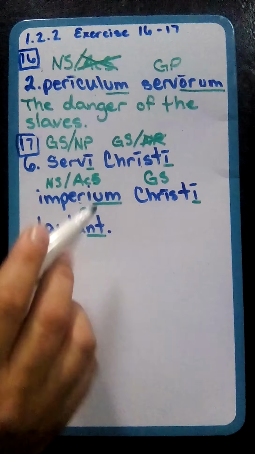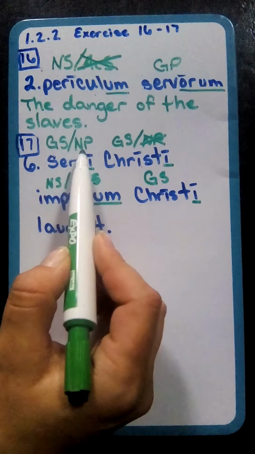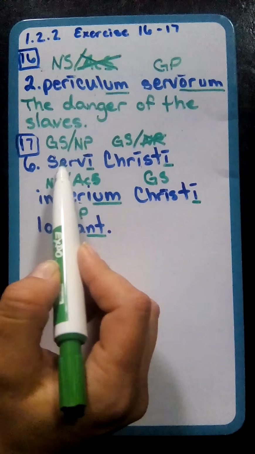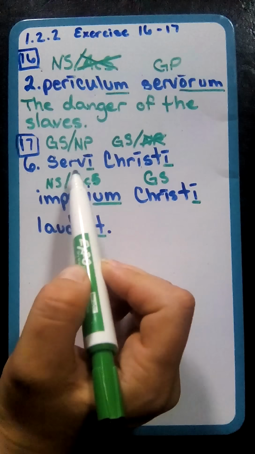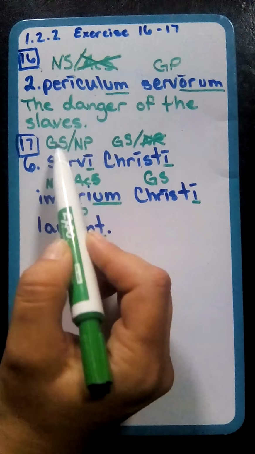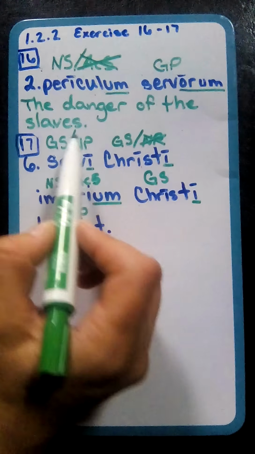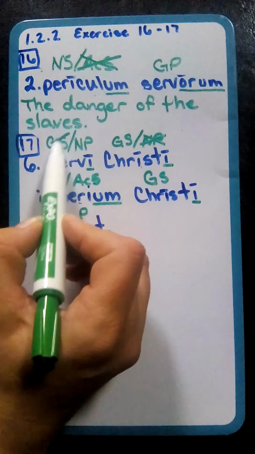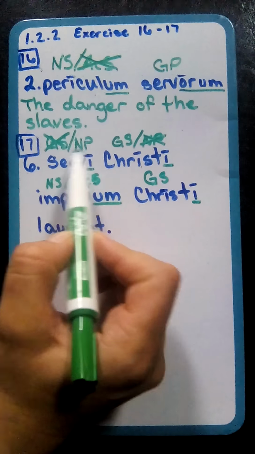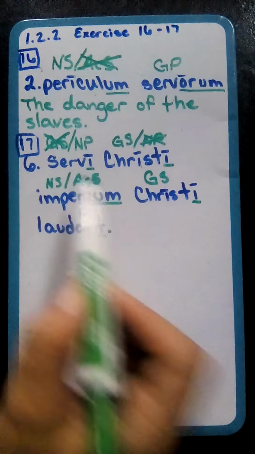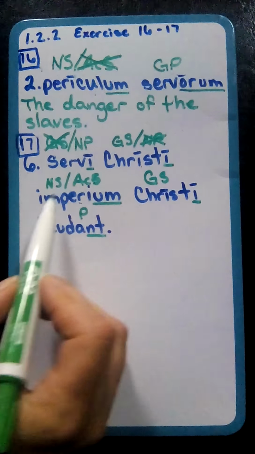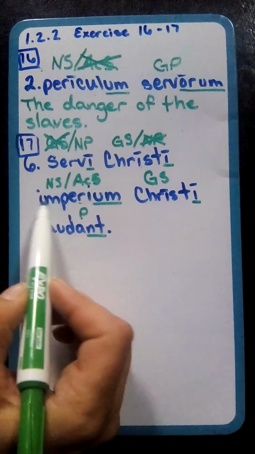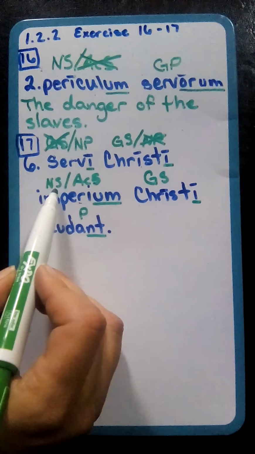So plural, up here we have the option of servi and Christi. We know Christi is possessive, and it would make no sense if we didn't have a subject for it to possess. So we have an option of servi being our subject. The only other subject in the sentence it could be is imperium, which is singular, not plural.